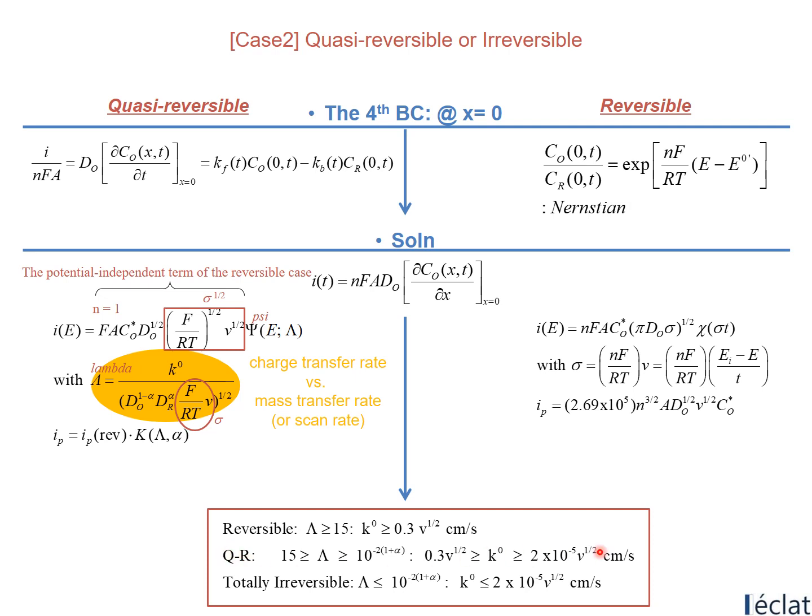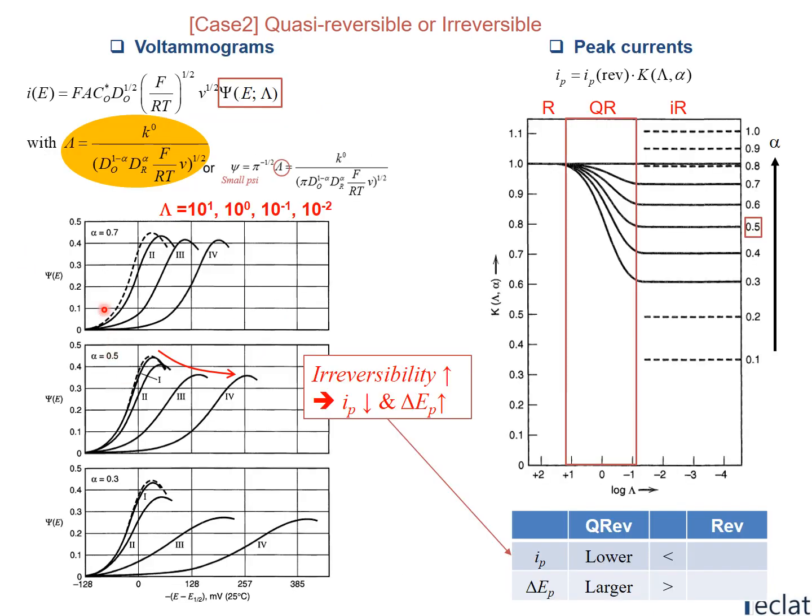Let me think about what kind of graphs can be obtained from this psi function with the lambda value. Let me check the voltammograms here. I have borrowed the same equations from the previous slide. Here is the current function.